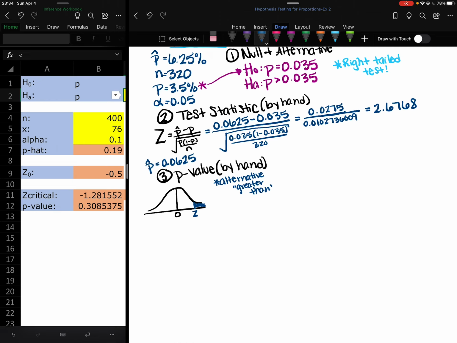Because it's greater than, when I go into Excel, I have to do 1 minus NORM.S.DIST of 2.6768, comma, TRUE. And what do we get? Again, I have this on my computer, not in front of me, because all I have is the inference worksheet in front of me.